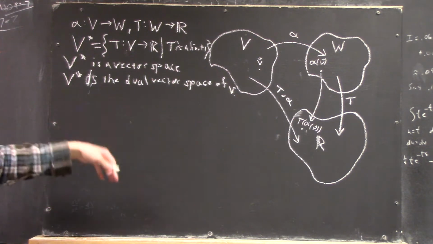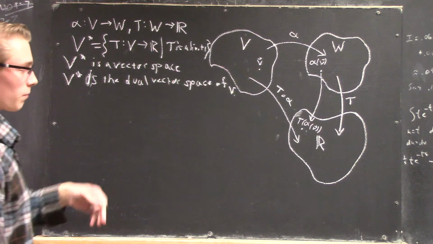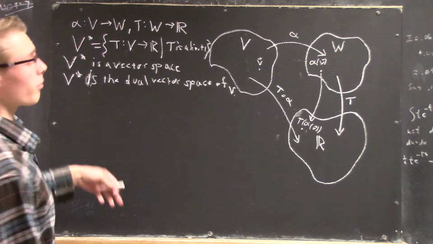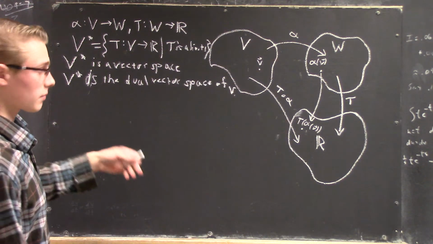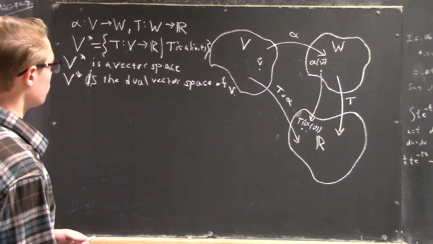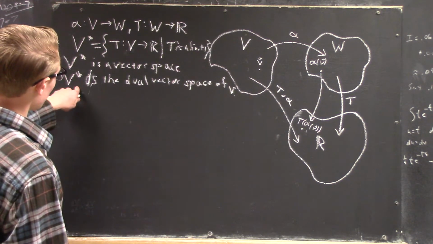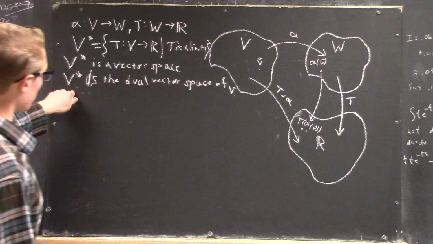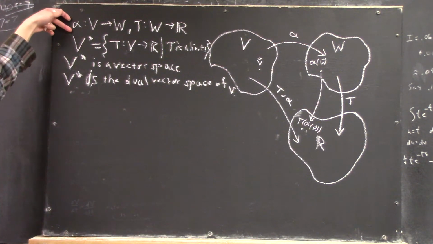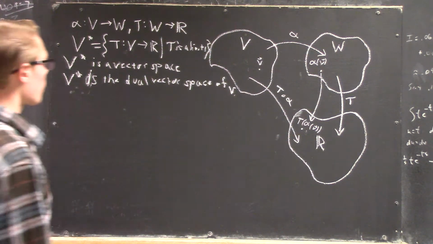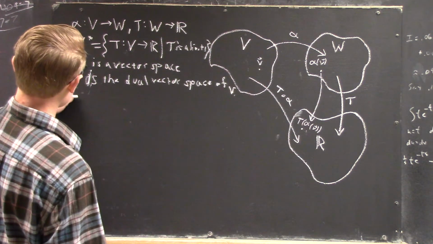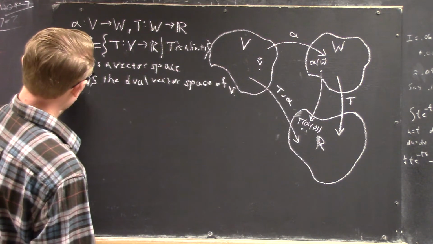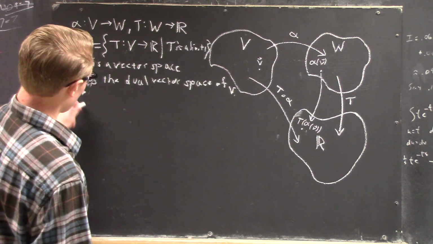And the vectors in this space, there are about three names for them, commonly called covectors. But the thing is, not only can we define a new vector space, we can also define this function in a different way. It would be denoted as alpha star.